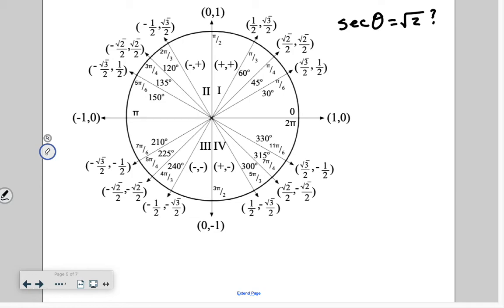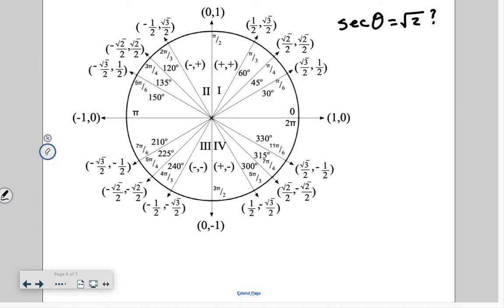Pretty good chance on the cotangent one it had to either be 30 or 60, because those already have square roots of 3's in them. This one's got a square root of 2 in it. Pretty good chance that it's 45 because it's already got the square root of 2 in it. So if you think about that, the 30's and the 60's have the square root of 3's, and the pi over 4's, the 45's, have the square root of 2's, it at least gives you a point to start and actually go through and check.